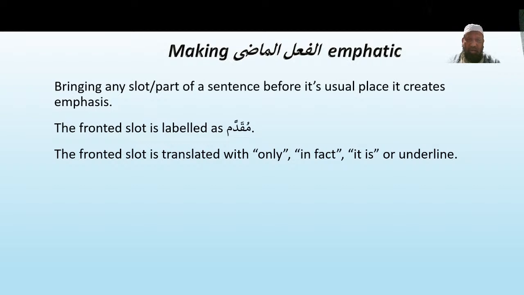Another way to make الفعل الماضي emphatic is bringing any slot part of a sentence before its usual place. Before its usual place, it creates emphasis. For example, the order is: number one فعل, then فاعل, then مفعول به, then the other slots can come, مفعول فيه, حال, all this.